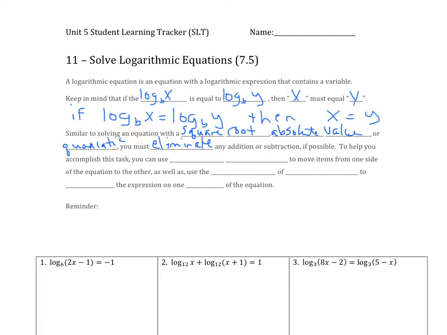Whenever you solve those, you had to get rid of that extra addition or subtraction. Same thing here.